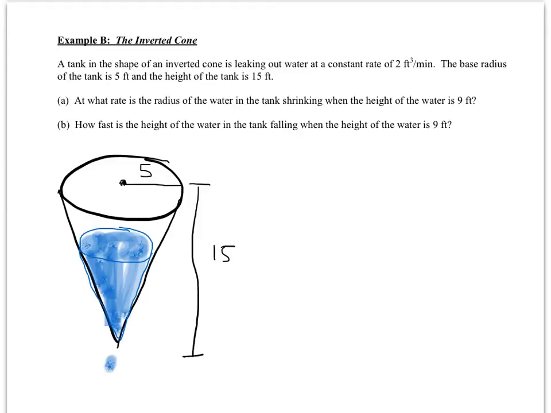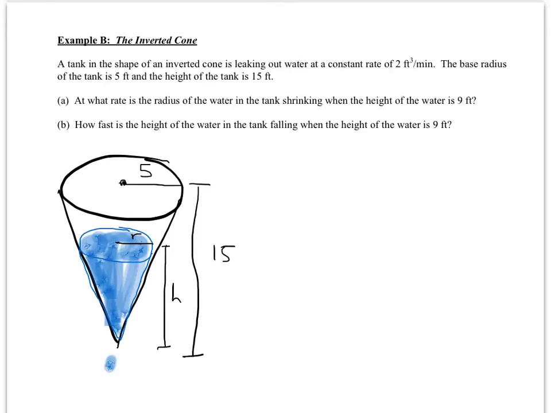The water in the container is its own cone, and the shape of it is similar to the shape of the original tank. So basically, when I set this variable r and this variable h, it's a smaller amount than the original tank, but it's similar in size.